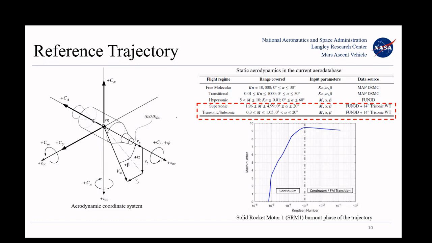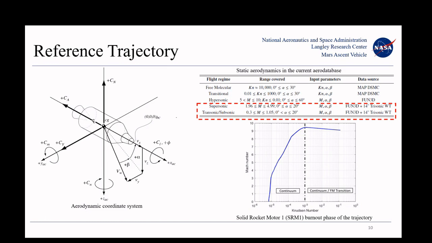With that code, we can obtain free molecular solutions and rarefied transitional solutions. And you can see here the input parameter for these conditions is Knudsen number. These are the parameters that we input into the database to call out the static forces and moments at these flow regimes.